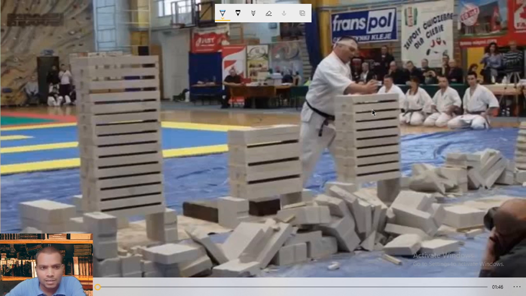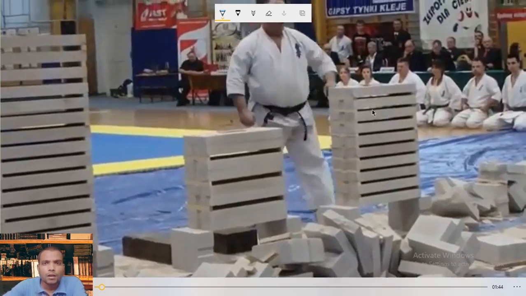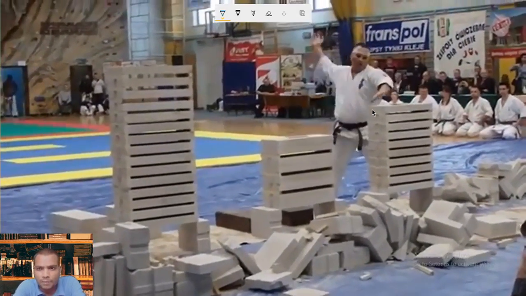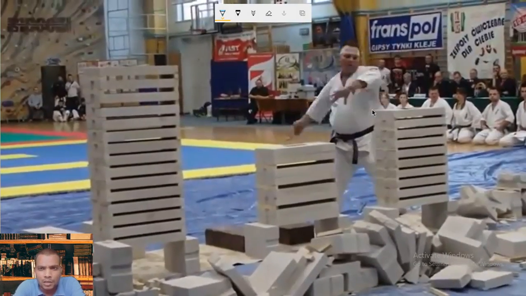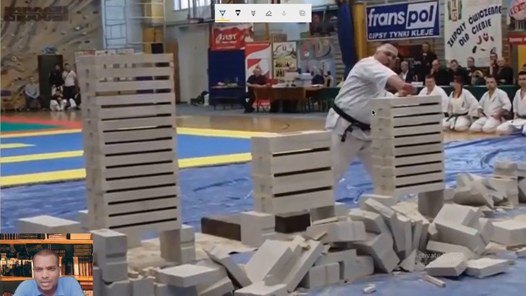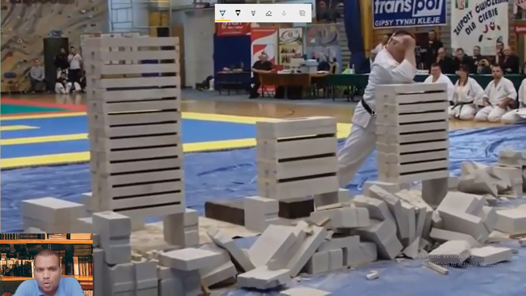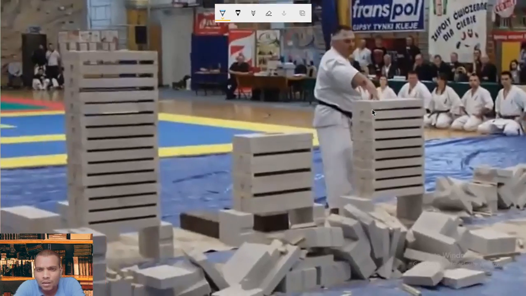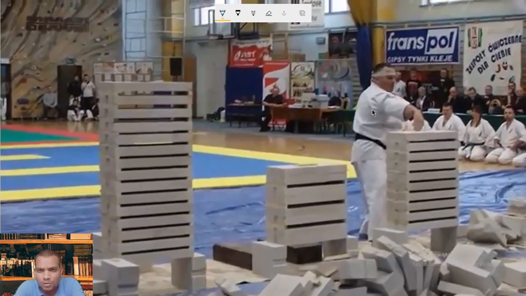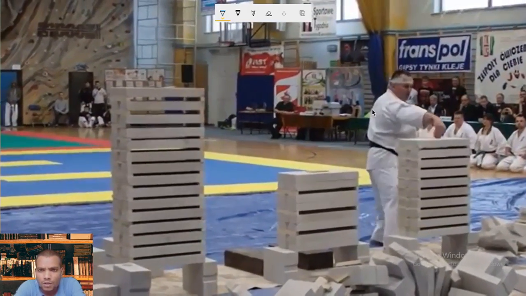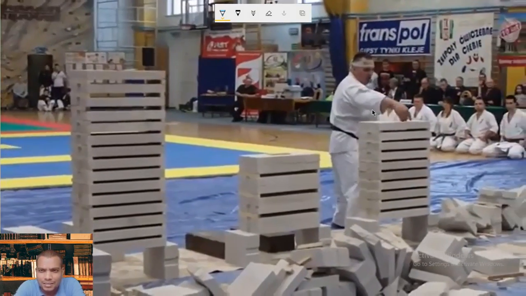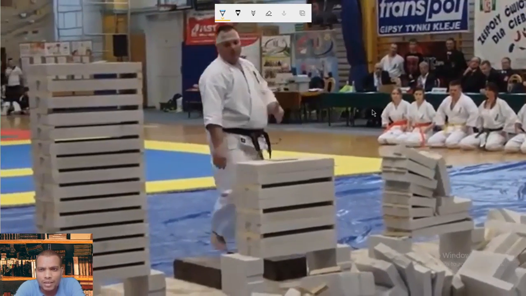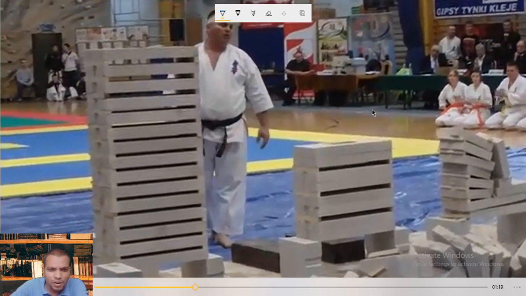Let us take this case. Now this karate man having a black belt in karate, he knows the technique, and just observe how he is able to break those cement blocks. So what is the technique? With the bare hand, see how he did it. It's so wonderful.